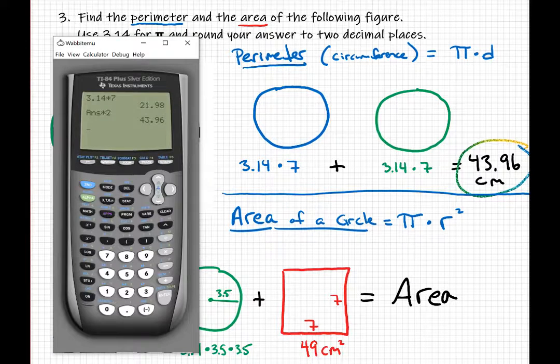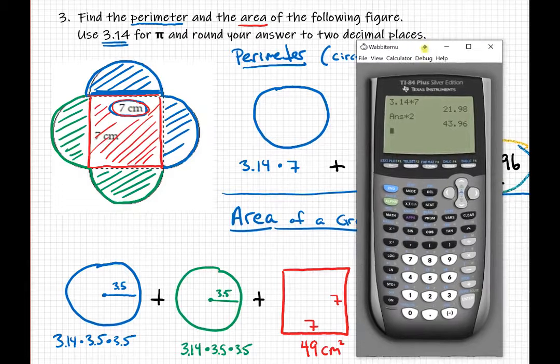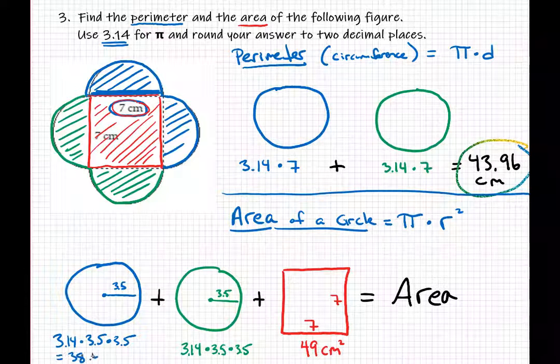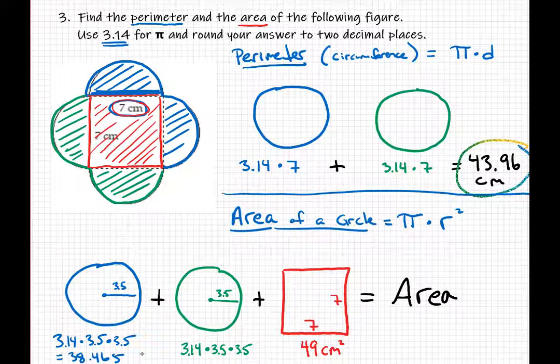So let's bring up our calculator one more time. So 3.14, that's pi, times the radius again, because it's the radius squared. So 3.14 times 3.5 times 3.5 gives us 38.465. Okay, so the blue circle has an area of 38.465.